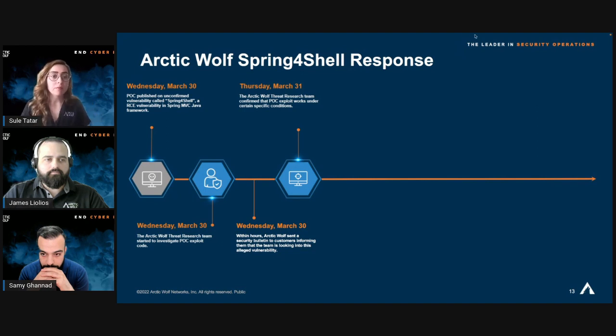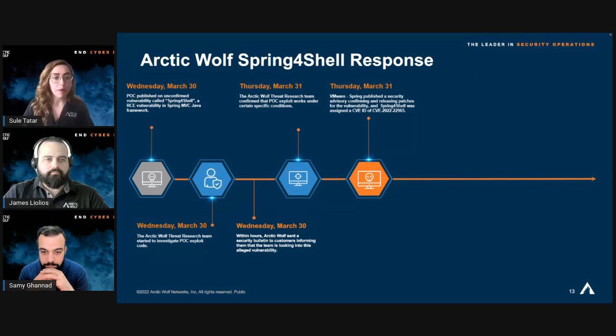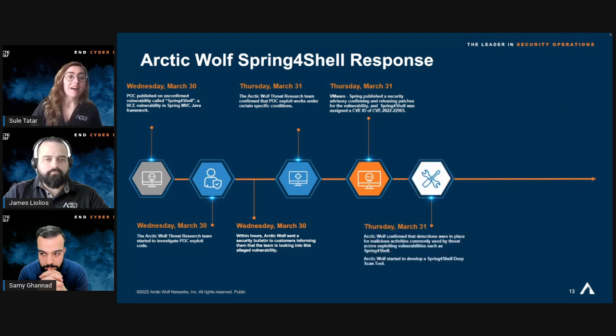In the meantime, Spring published a security advisory confirming and releasing the patch for this vulnerability, and they assigned the CVE ID of CVE-2022-22965. On this very same day, Arctic Wolf confirmed that detections were in place for the malicious activities commonly used by the threat actors exploiting vulnerabilities such as Spring4Shell.